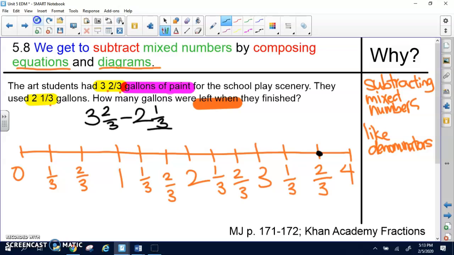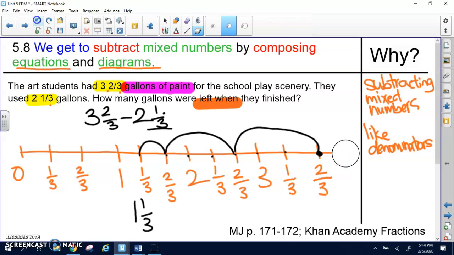I've decided I'll take the 2 wholes away. I know that 1 whole is going to be 3/3. So 1, 2, 3/3, that's 1 whole. 1, 2, 3/3, that's 2 wholes. And then I have to subtract 1 more third, which is the fraction. I land there, and I find out that my answer is 1 1/3. So that's one way, to use a number line.